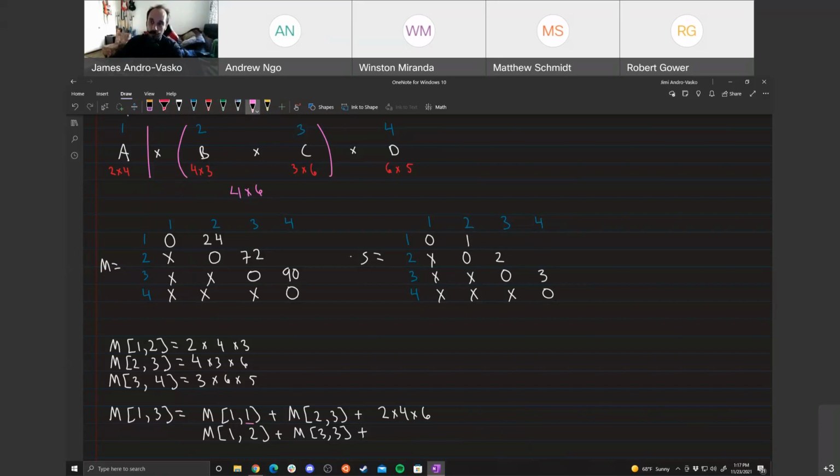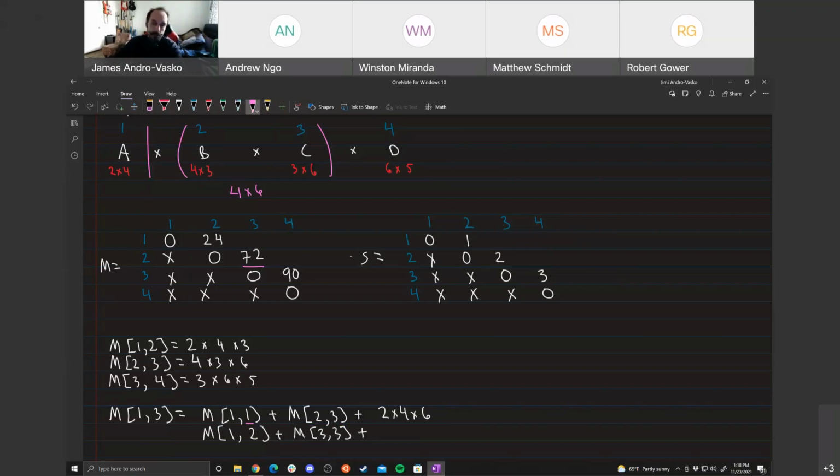That means we're going to multiply B times C and then multiply the result with A. B times C, we already have that number stored right there. That's what M23 is. We don't have to recompute it. We just take 72, and M11 is going to be 0.